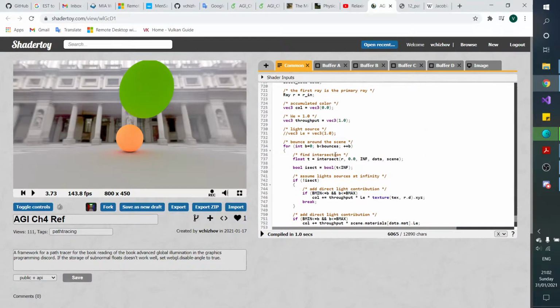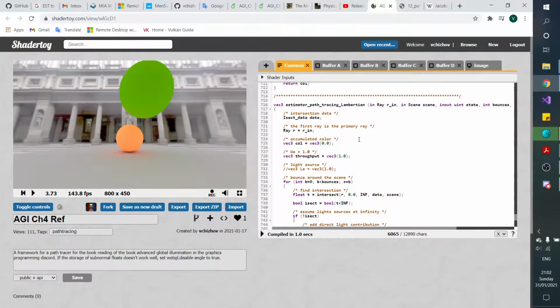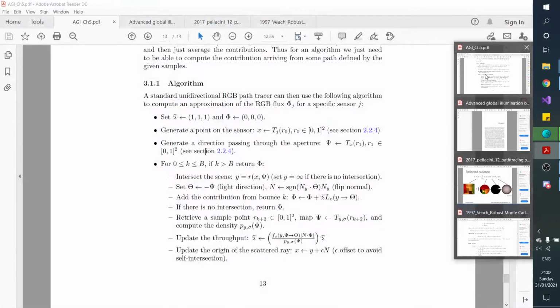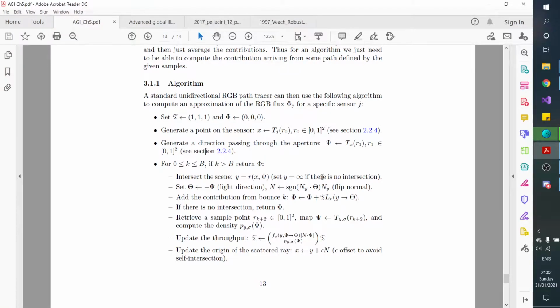And the algorithm looks something like this, you can have a one-to-one correspondence to what I've described here. So you have a variable that's throughput, which is initialized to 1. It really describes the attenuation of your energy.